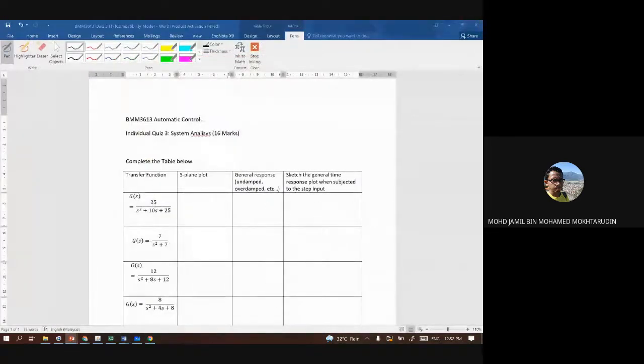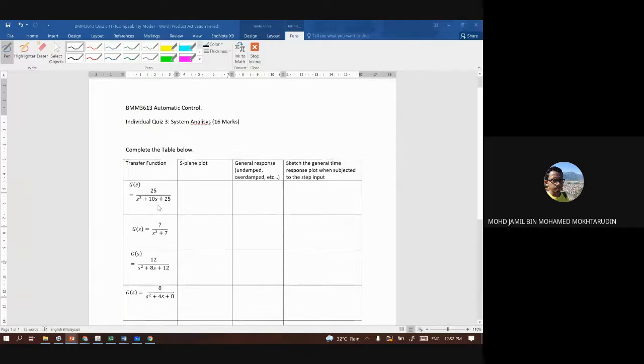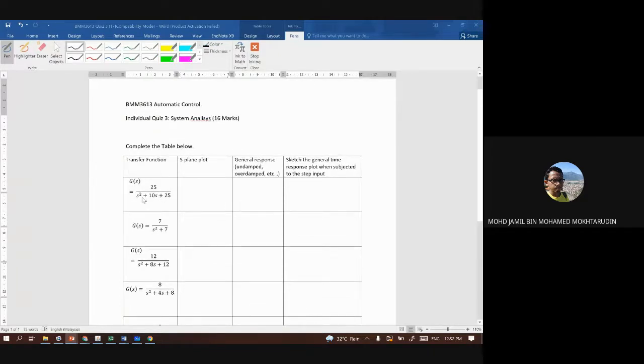Okay, so question 1. When the transfer function is 25 divided by s squared plus 10s plus 25, you can find the poles. To find the poles, you can just use the quadratic equation formula. If you're lazy, you can just use a calculator.